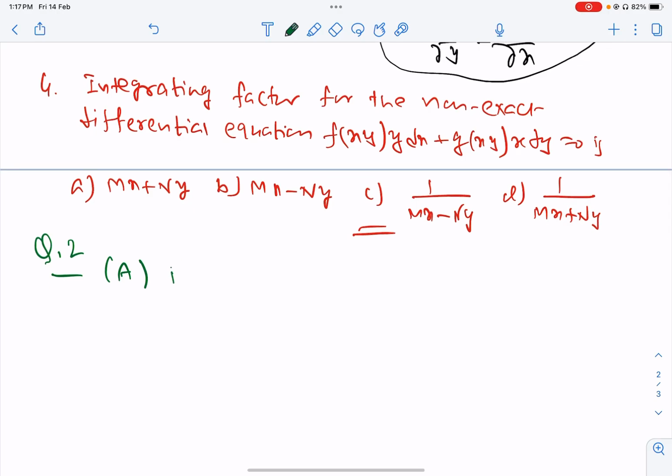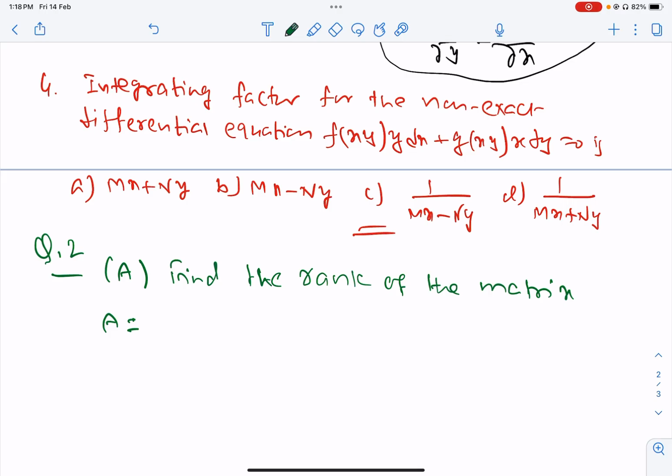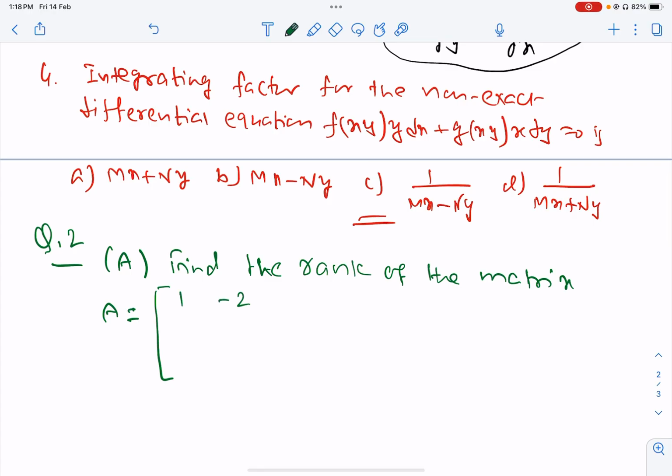A. Find the rank of the matrix A equal to, so you are given a matrix like this: 1, -2, -1, 3, 2, -4, 1, 0, 1, -2, 2, -3. And you have 2 marks up.